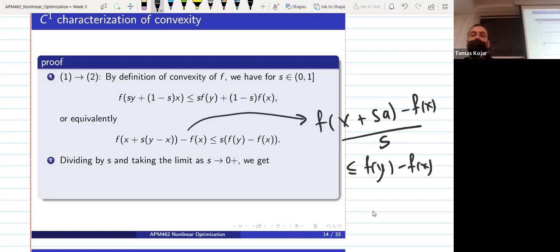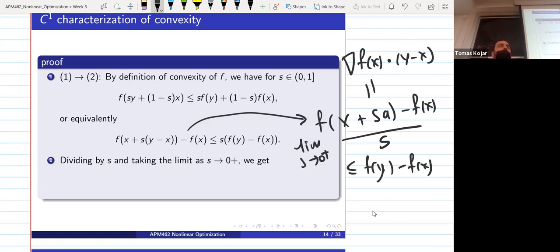Now take limits. What is this ratio limit equal to by definition? Yeah, thank you. I thought people would forget that. It's the gradient dotted with a, which is just y minus x.